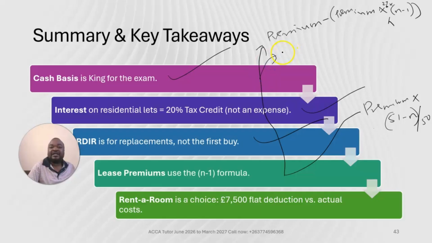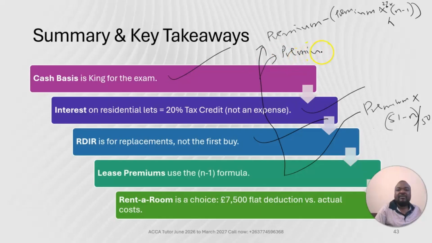Let me rewrite it again here. Remember, we are computing the assessable amount, which is equal to premium minus premium multiplied by 2% multiplied by (n minus 1).